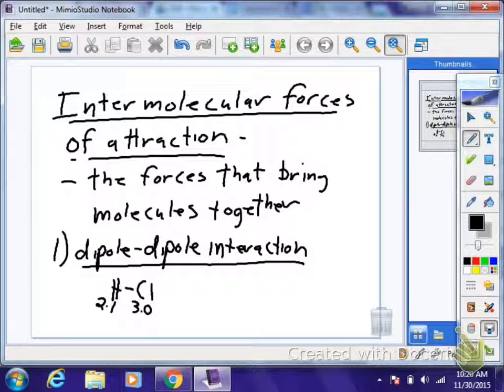So what we're going to do is show an arrow. Okay? When we show an arrow, that end is going to be slightly negative. I'll go ahead and rewrite that again so you can see it better.